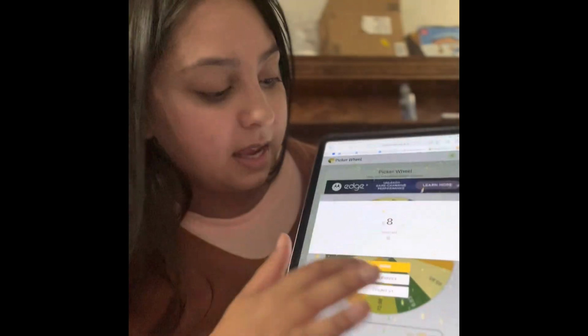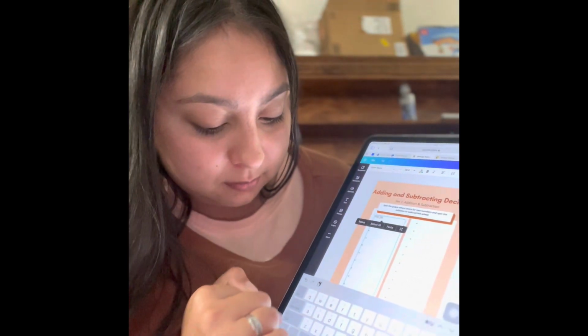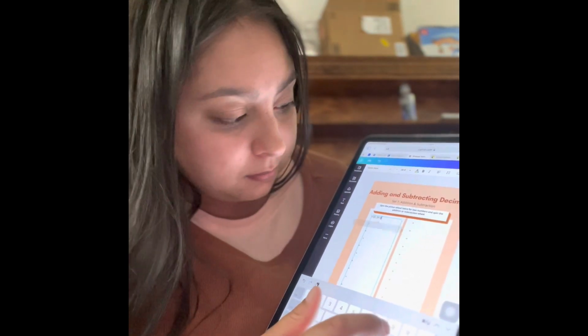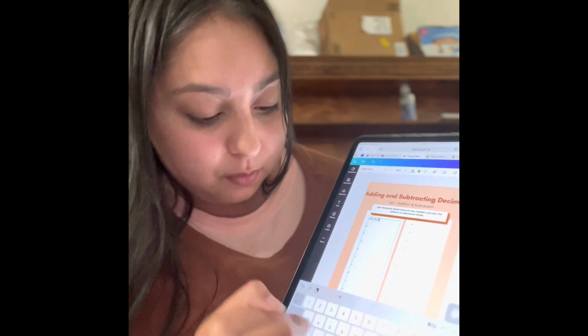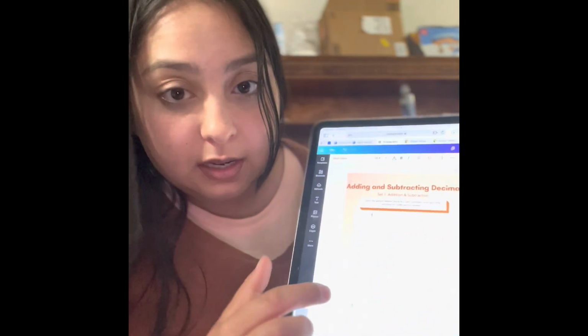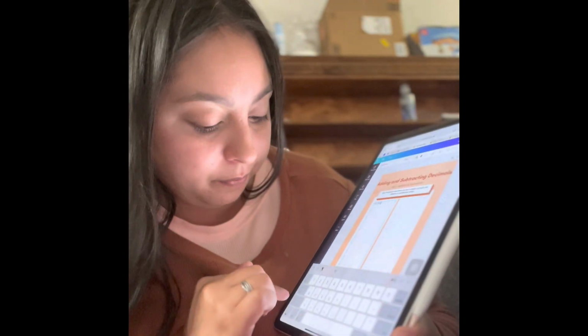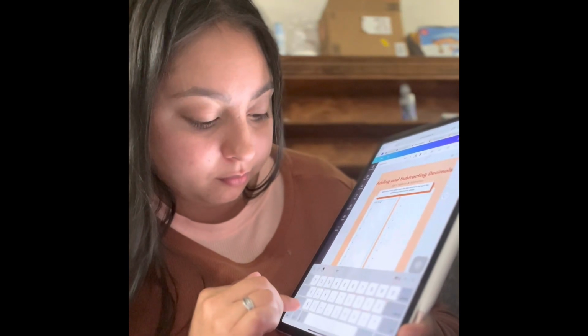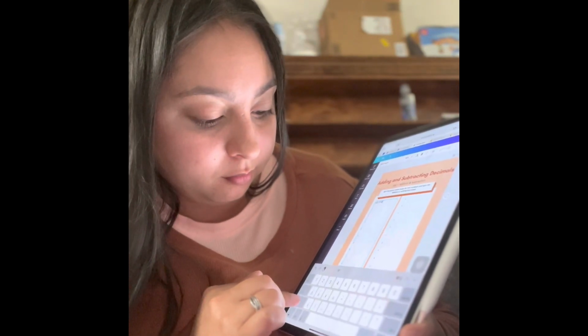We're going to subtract 8. Okay, and we're going to make sure we add our equal sign in here. Alrighty, friends. Now let's do 139 hundredths minus 8.